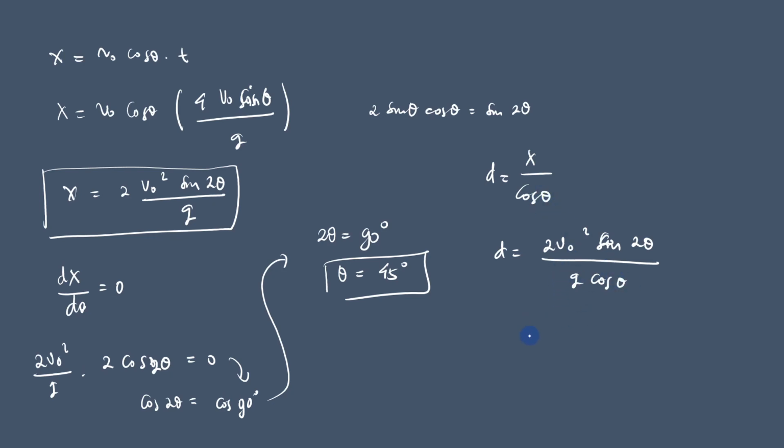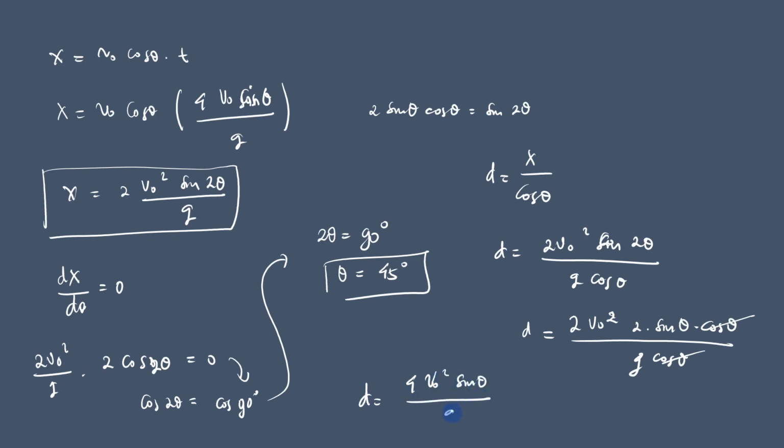So we get t equals 2 V0², which can be changed to 2 sin θ cos θ divided by g cos θ. We can simplify this term and we get t equals 4 V0² sin θ divided by g.